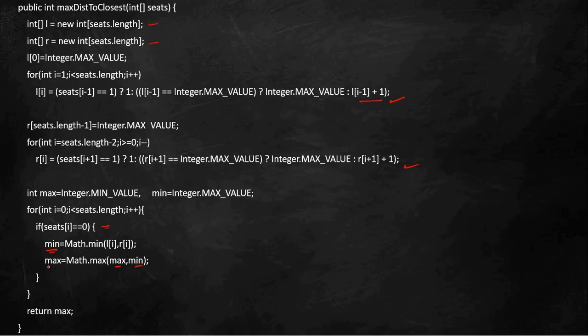Okay. And at the end we return this max. So here we are using 3 for loops, so it is 3 of n, which is similar to O of n, and the space complexity is also O of n because we are using left and right arrays. Okay. So, how we can avoid this left and right, let us see that.